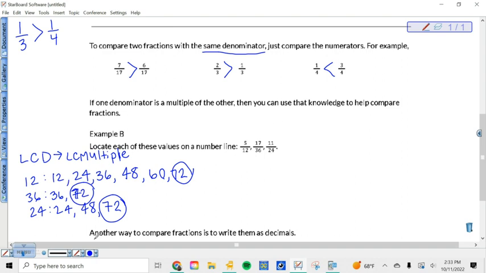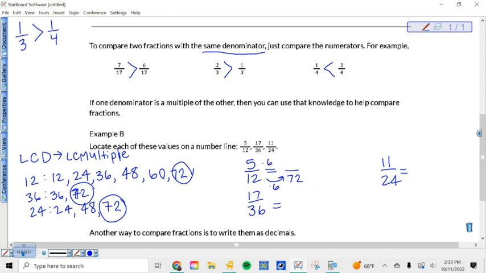So now we know our least common denominator is going to be 72. Okay, so 5 over 12, 7 over 36, 11 over 24. Let's convert these so that they all have the same denominator. 12 times what gives me 72? 6.